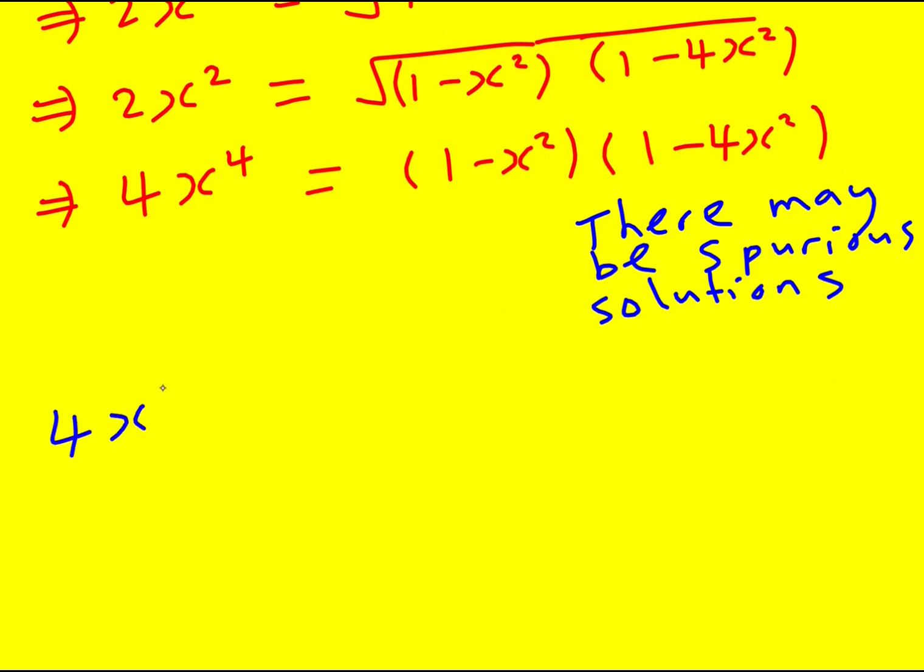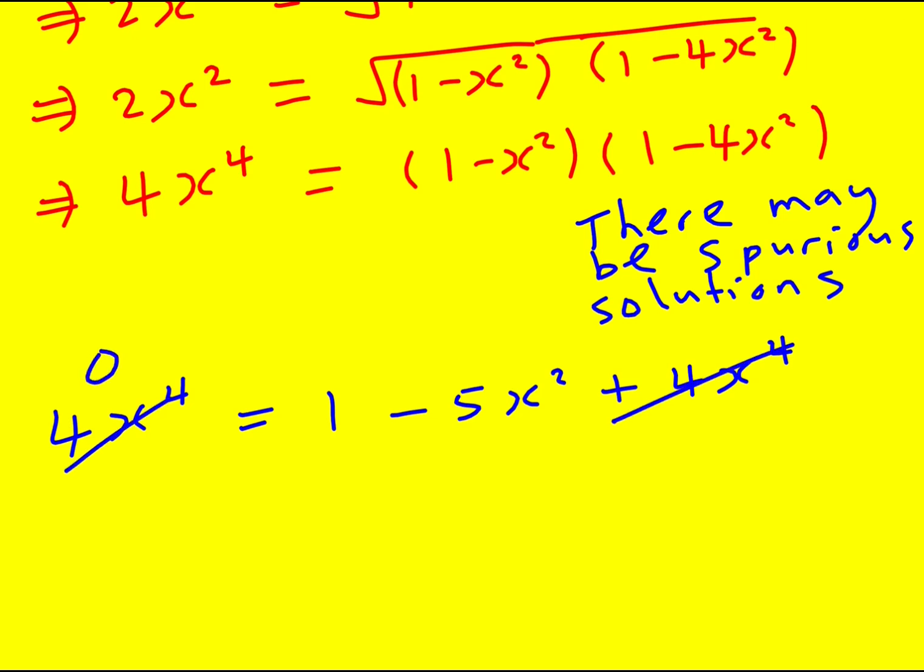So 4x to the 4. Right, expand this out. So it's going to be 1 minus 5x squared plus 4x to the 4. Oh, that's handy. These simply cancel.